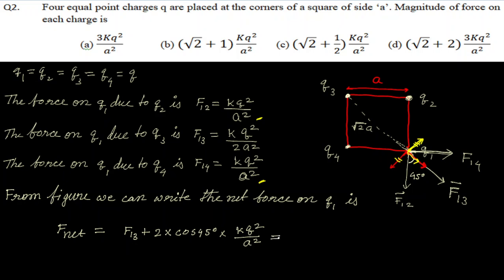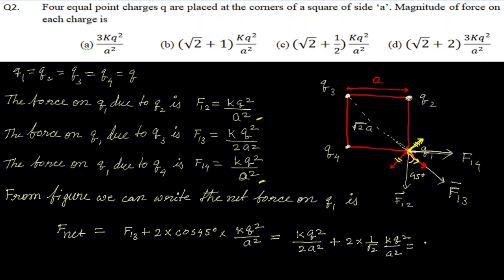Then if we put in the value of F13, we'll get K Q square divided by 2A square, plus 2 into cos 45, which is 1 by root 2, and then K Q square divided by A square.